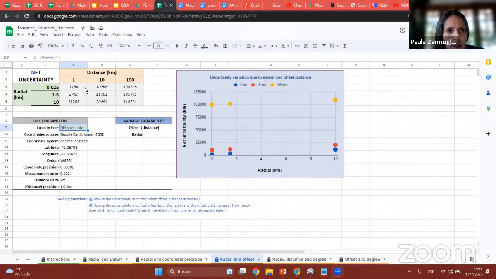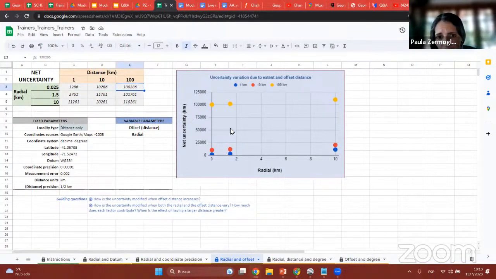Now, when we increment the distance, the further we get, now we're looking in the vertical, right? When we have 1 kilometer, 10 kilometers, or 100 kilometers, the uncertainty increases quite a bit. And you can see that it goes from 1,000 to 10,000 to 100,000 meters. So that is 1 kilometer, 10 kilometers, 100 kilometers.